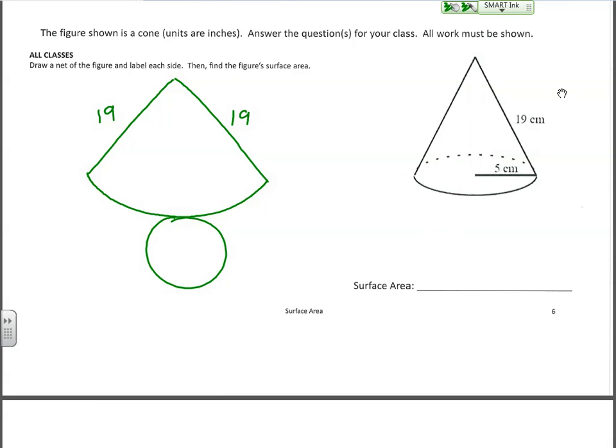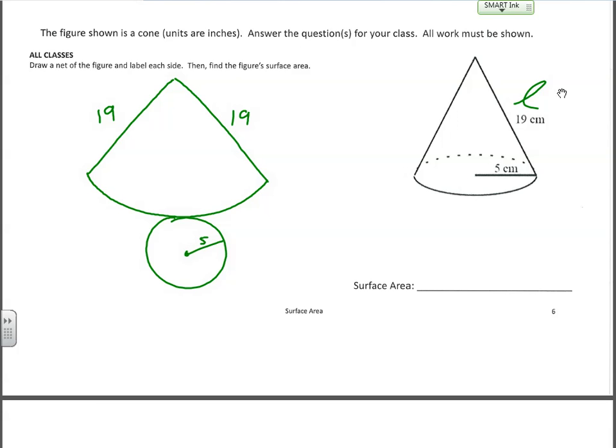We use what's called the slant height, written with a lowercase l, okay? Slant height. And then the radius of this circle is 5. So you could find the area of each section separately, and then add them together.